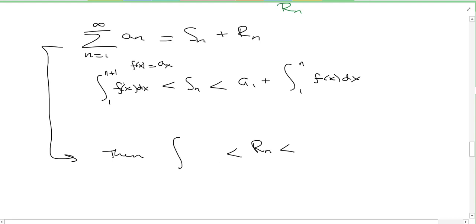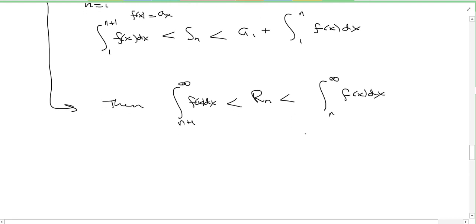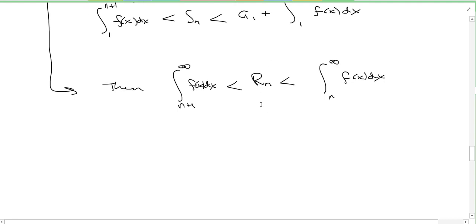The integral, so we're going to go past n plus 1, from n plus 1 to infinity of f of x dx, and between that and the integral from n to infinity of f of x dx. So that's what the remainder means. One of the nice things about the remainder is that if the remainder goes to 0, then our series will converge.